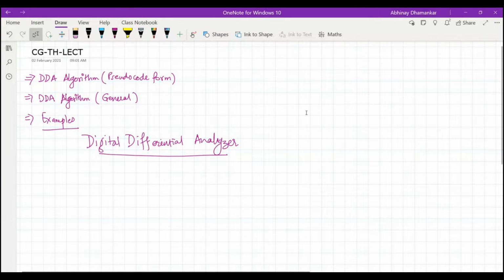Pseudocode, what does it mean? It is not exactly coding, but it is plain English plus some help of a coding language format, a combination of these two.